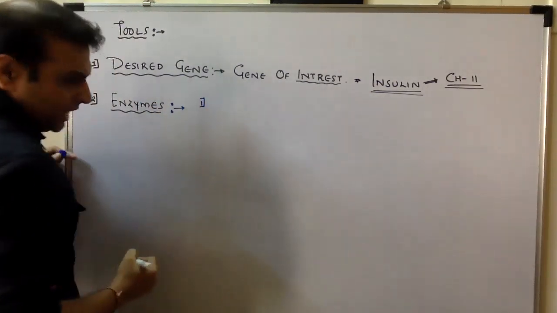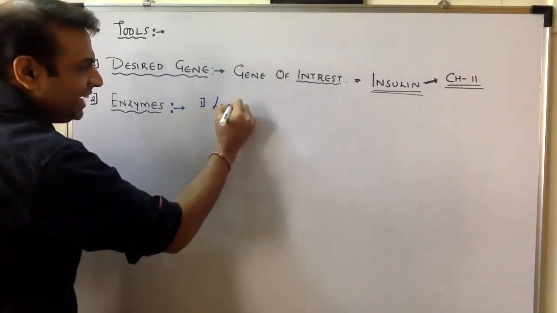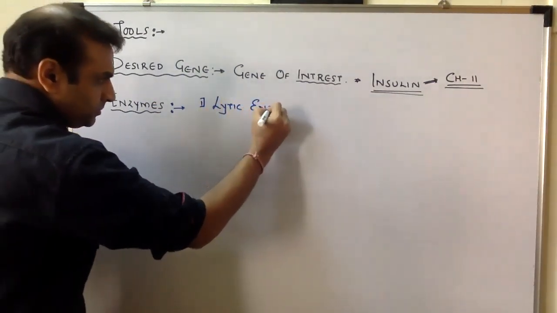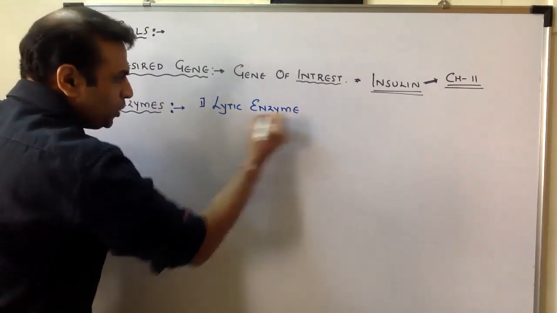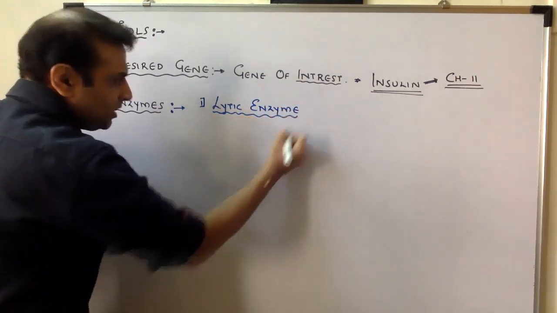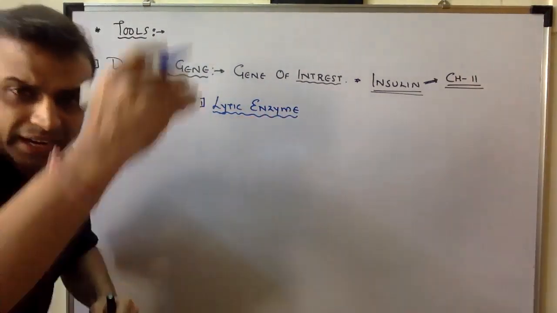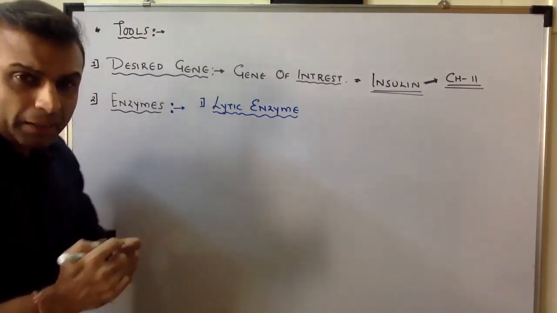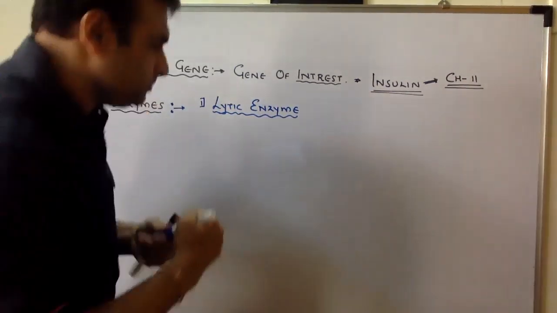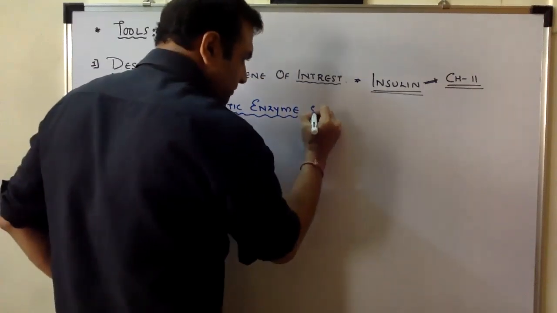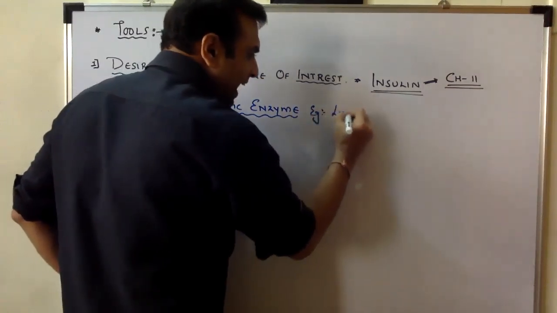The first enzyme is called lytic enzyme. Lysis is nothing but breaking down. For example, if I want to break a bacterial cell, I need lysozyme.